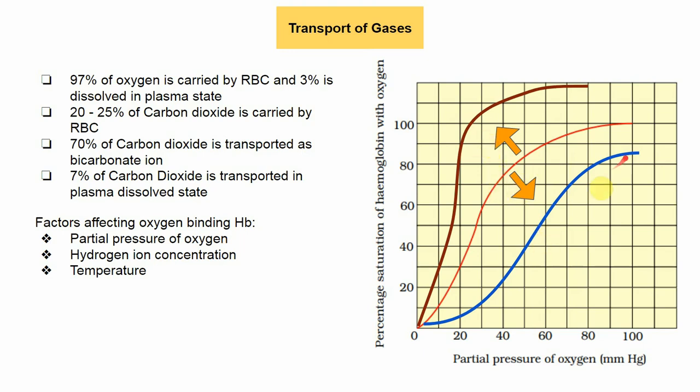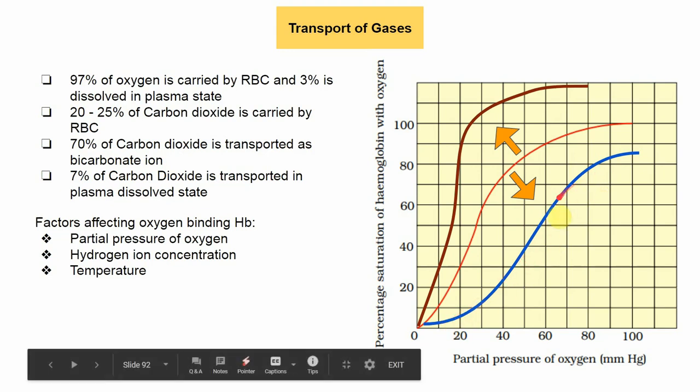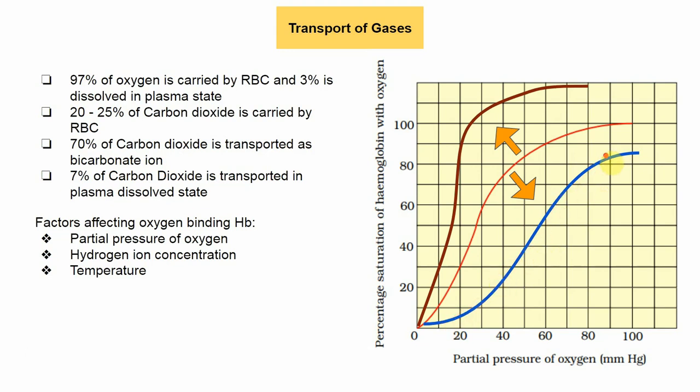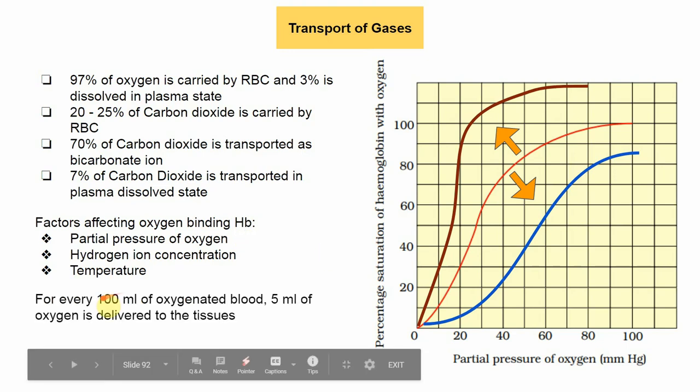But what about this curve? As we have already discussed, this curve mainly indicates release of oxygen more easily, dissociation of oxygen from the hemoglobin, right? This binding of oxygen to the hemoglobin is termed oxyhemoglobin. So now for around 100 ml of oxygenated blood, around 5 ml of oxygen is delivered into the tissues.